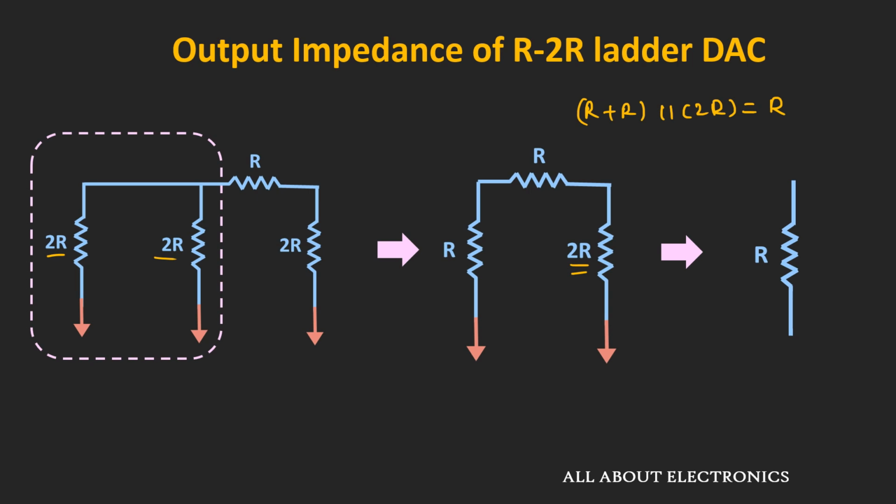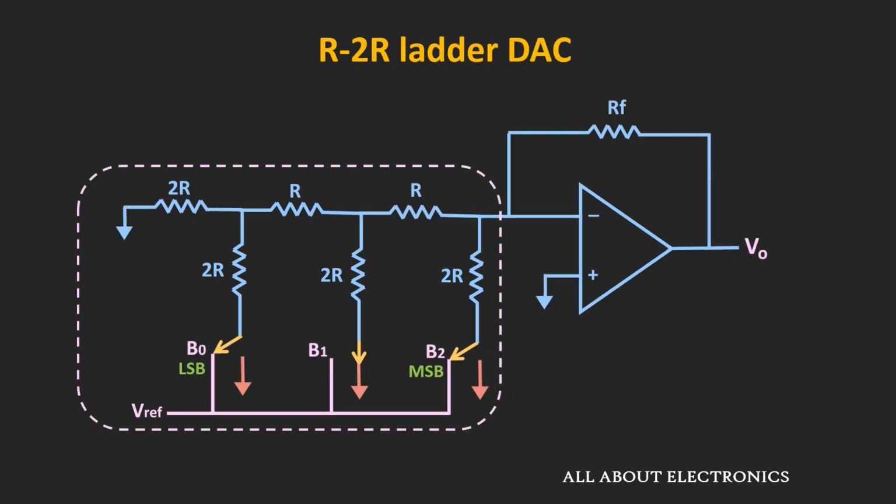Now let us understand how this ladder network converts binary numbers into the analog output. If you see this ladder network, according to the binary numbers, these resistors are connected to either a reference voltage or to the ground terminal. If the binary number is 1, then it is connected to the reference voltage, and if it is 0, then it is connected to ground.